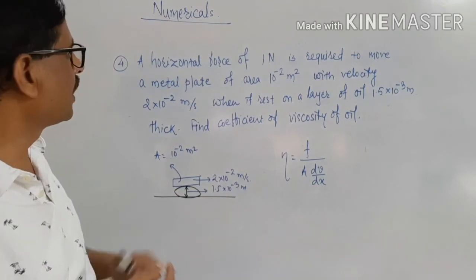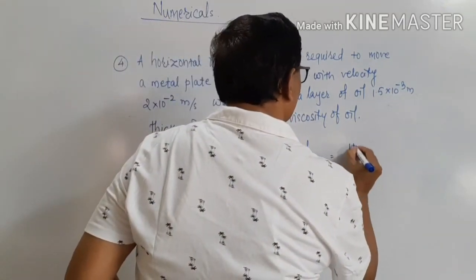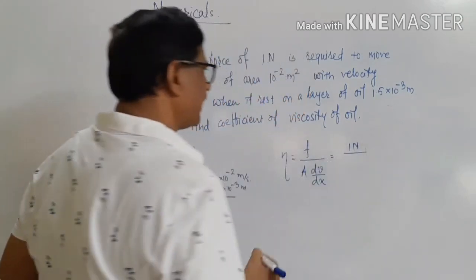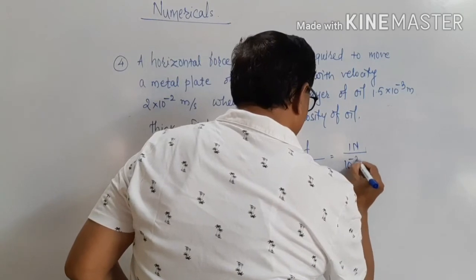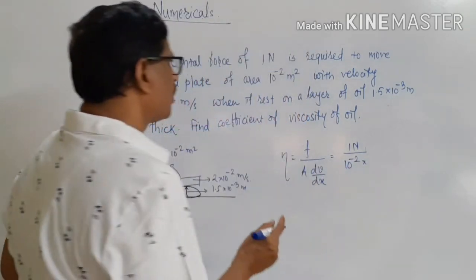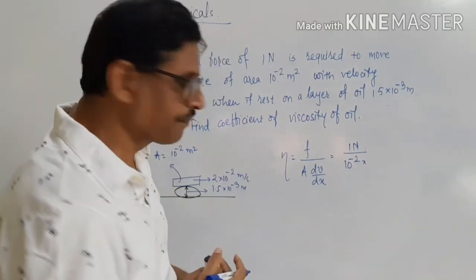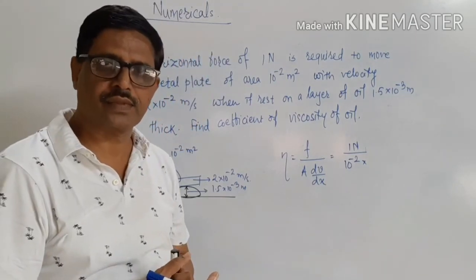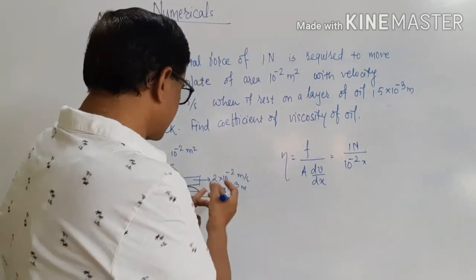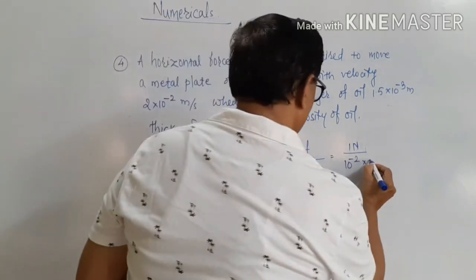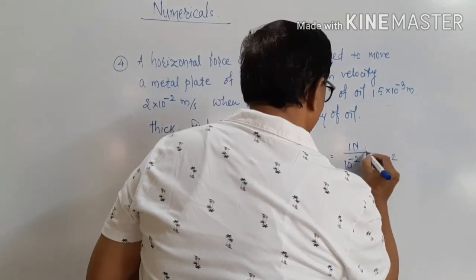Here the viscous force is 1 Newton, divided by the area, which is 10 to the power of minus 2. Obviously it's a meter square. All the things given are in the SI system, therefore there is no need of conversion here. The velocity is 2 into 10 to the power minus 2.